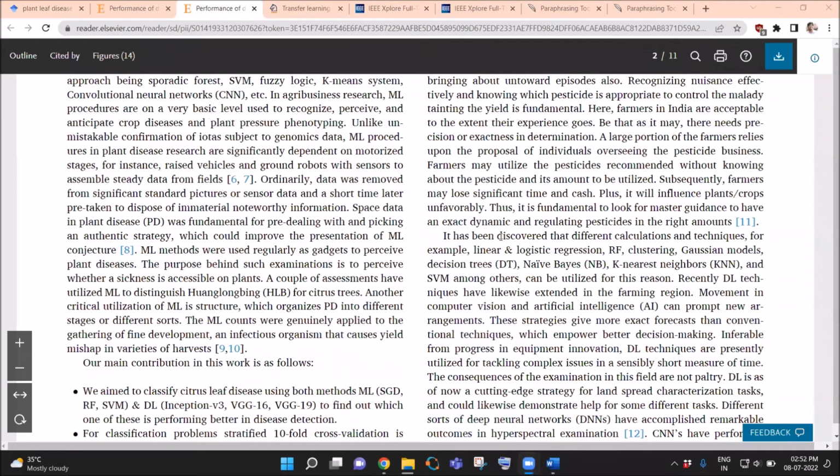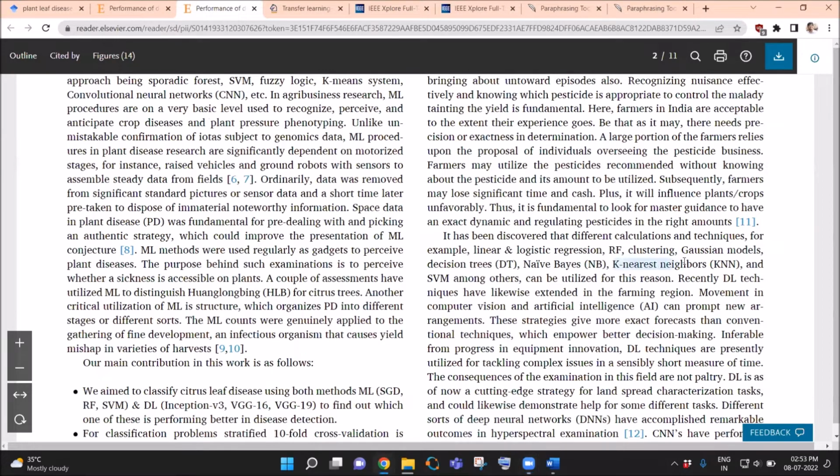See, it has been discovered that different calculations and techniques, for example, linear... and here it technically requires a little bit of skill, because it is a little bit difficult to change the sentences, since they are technical terms. The majority of these sentences we can change only when we understand those terms.